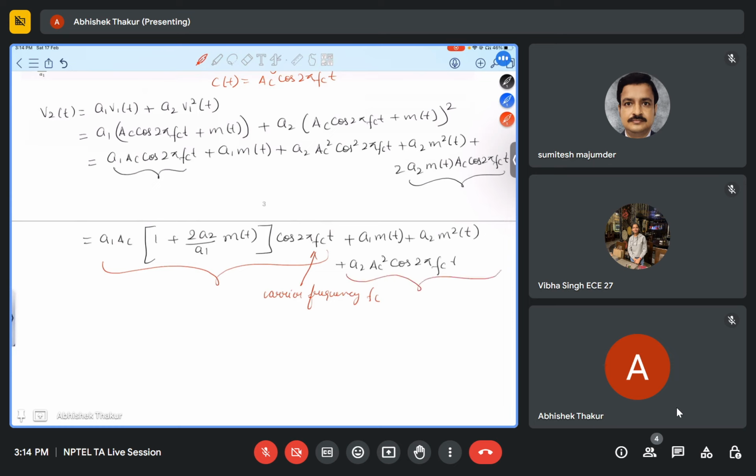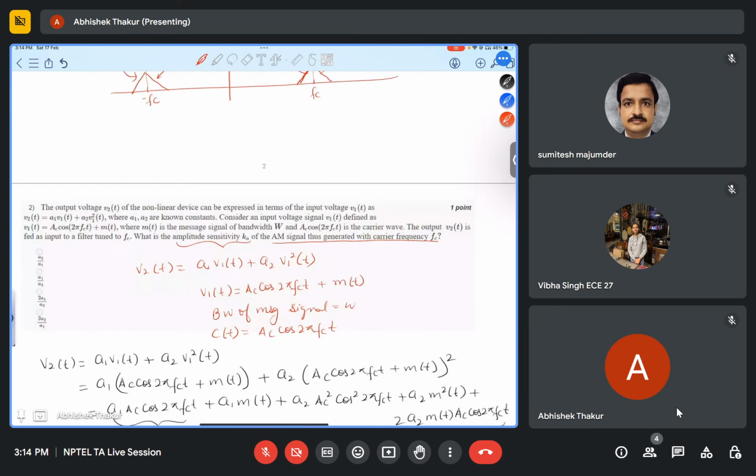What the question is asking is the amplitude sensitivity for the AM signal which is centered at fc. So the answer will be ka, that is amplitude sensitivity, equal to 2a2 by a1. So in this question, option D is the correct answer.